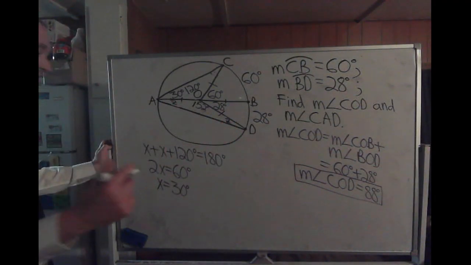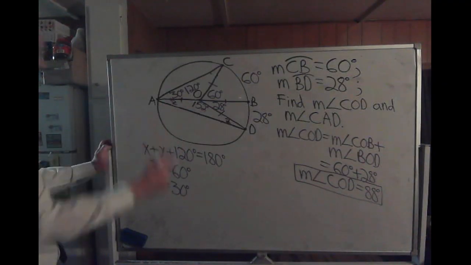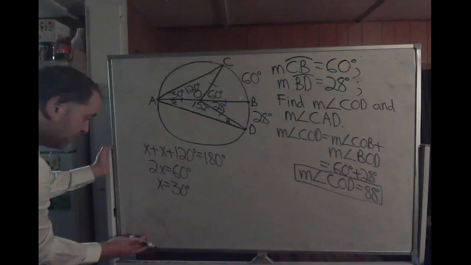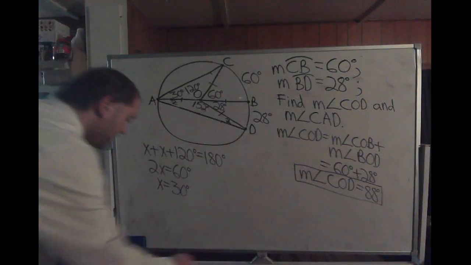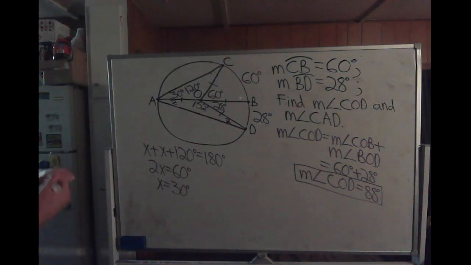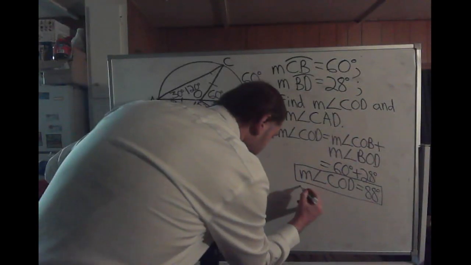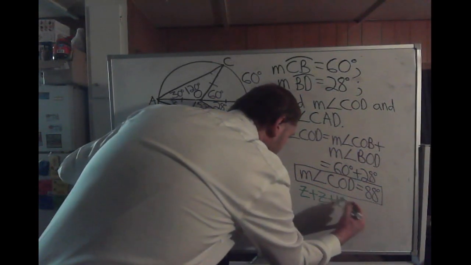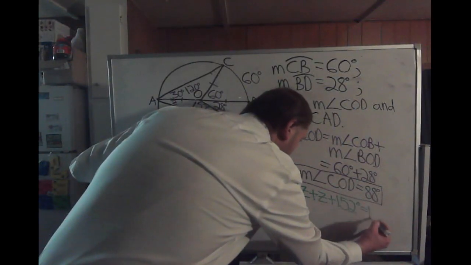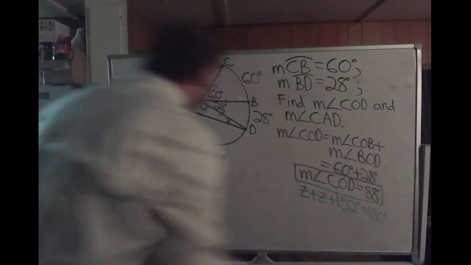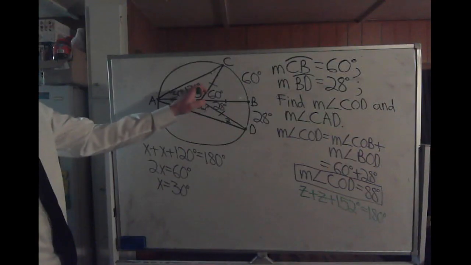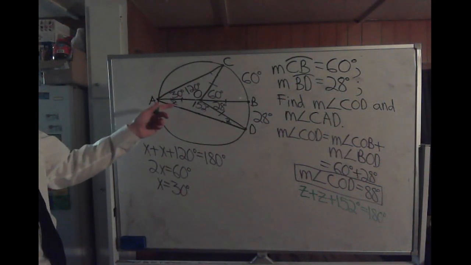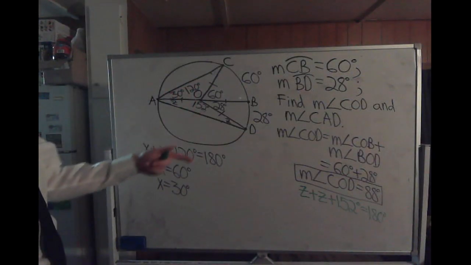So now all you have to do to find the missing angle here is take Z plus Z plus 152, and set that equal to 180 degrees. And by the way, we're getting that these angle measures are the same because radii of the same circle are always congruent, therefore giving you isosceles triangles.